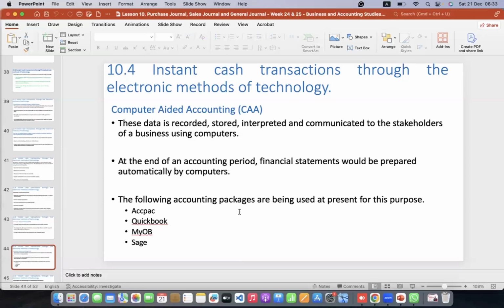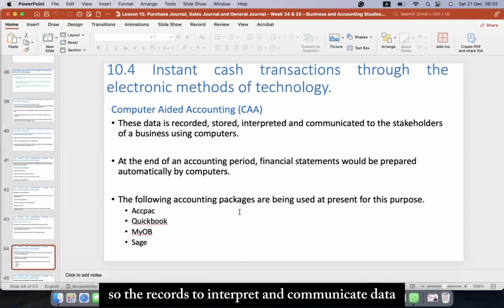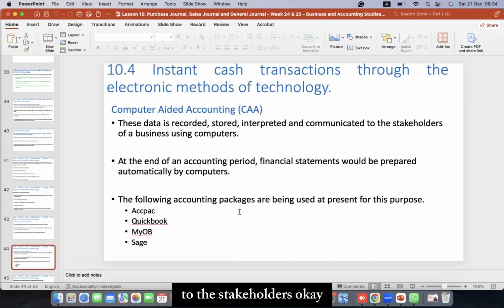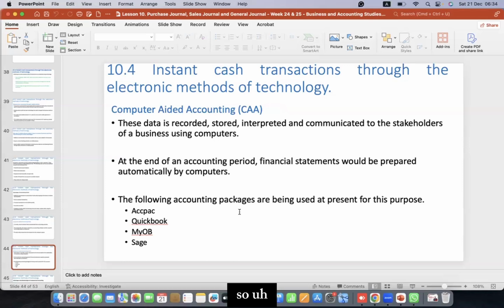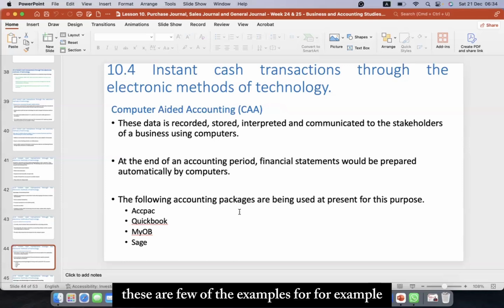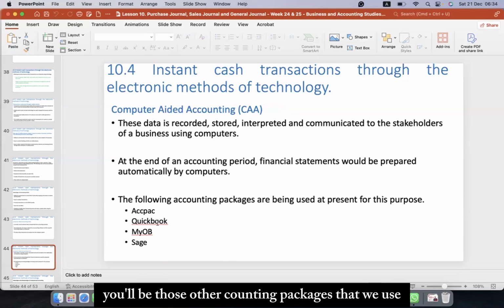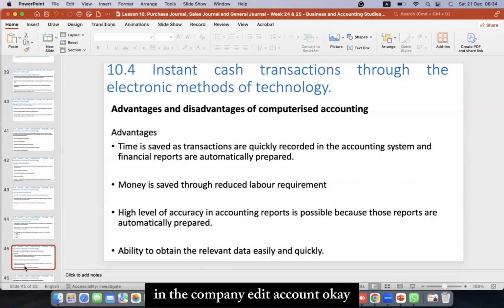They record, store, interpret, and communicate data to the stakeholders. At the end of the accounting period, financial statements are prepared automatically. For example, QuickBooks and MYOB are the accounting packages that we use in computer-aided accounting.